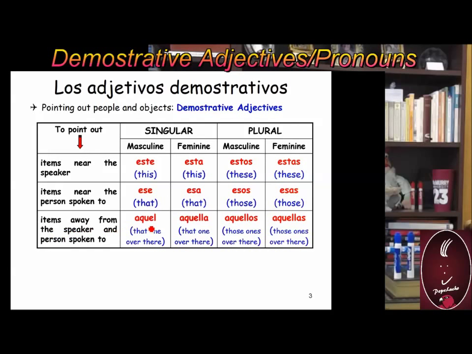To use the third group, I will use aquel, aquella, aquellos, aquellas, when the items are away from the speaker and the person spoken to. So those nouns are far away from both of us that participate in the conversation.